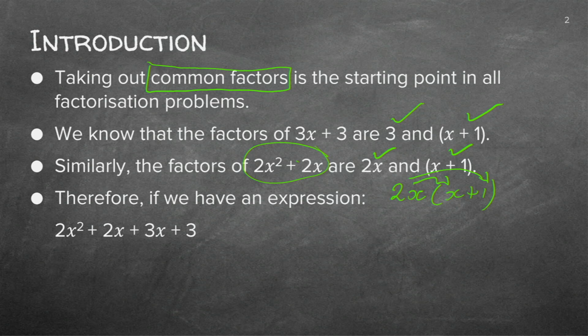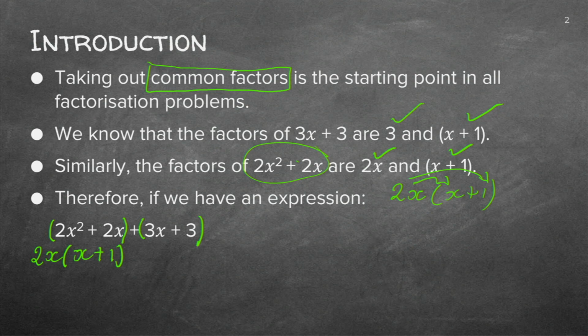You introduce what we call grouping in pairs. Grouping in pairs means you introduce brackets to the values that you're working on and try to find common factors from that. Now, if I'm looking for a common factor of x squared plus 2x, it means I will have 2x as a common factor, and what is left will be x plus 1.